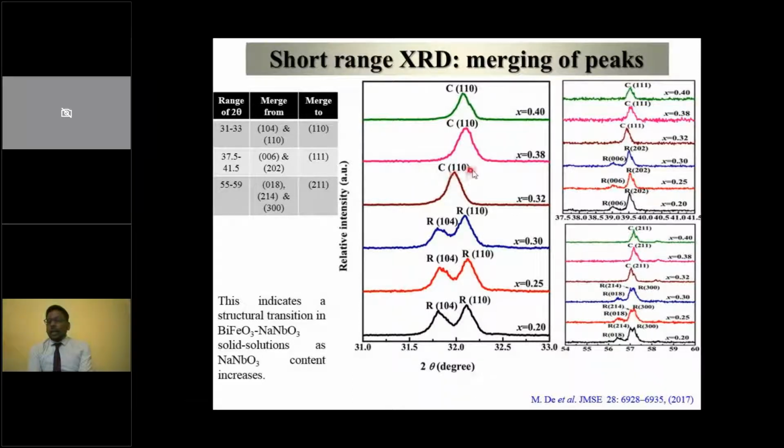As well as around 37.5 to 41.5, we can find two peaks merged together into a single cubic 111 peak. The same thing is happening in 54 to 60, where three peaks are merged together into a single peak. This type of thing happens when there is a structural phase transition in this material.